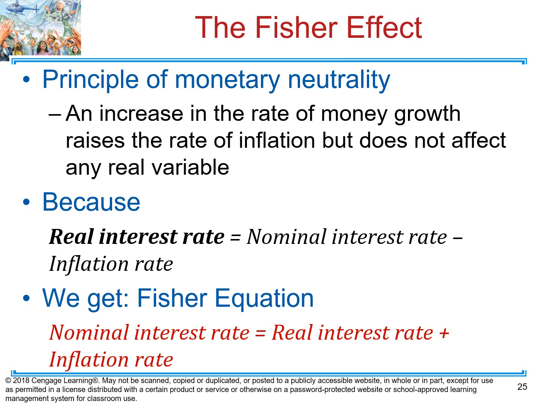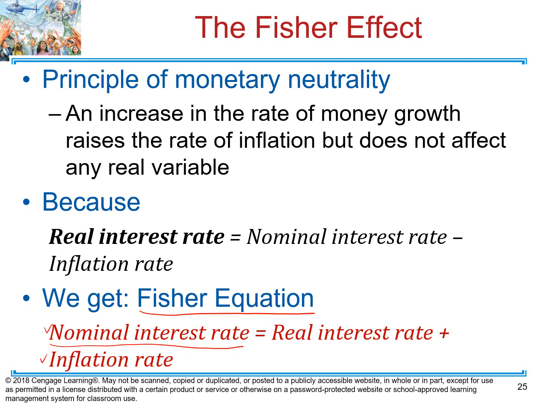Now the Fisher effect can be explained by the Fisher equation. Nominal interest rate equals real interest rate plus inflation rate. Fisher, a well-known economist, found a relationship between nominal interest rate and inflation.